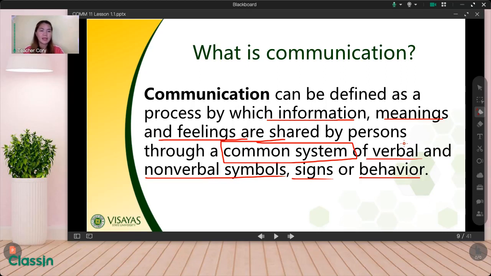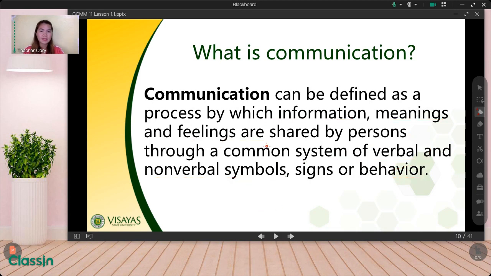And it should be common. It could be verbal and nonverbal. Nonverbal could be symbols, signs, or behavior. There actually are different forms of nonverbal communication, so we will deal with that later. Next. That's about communication.